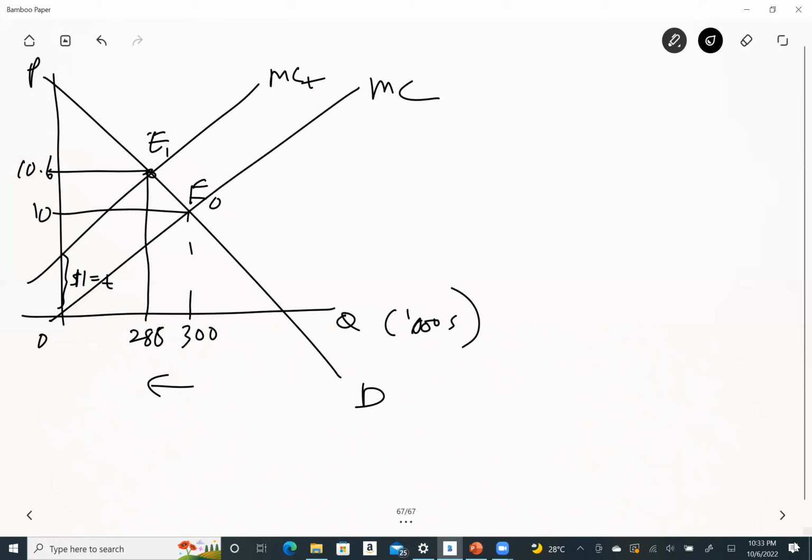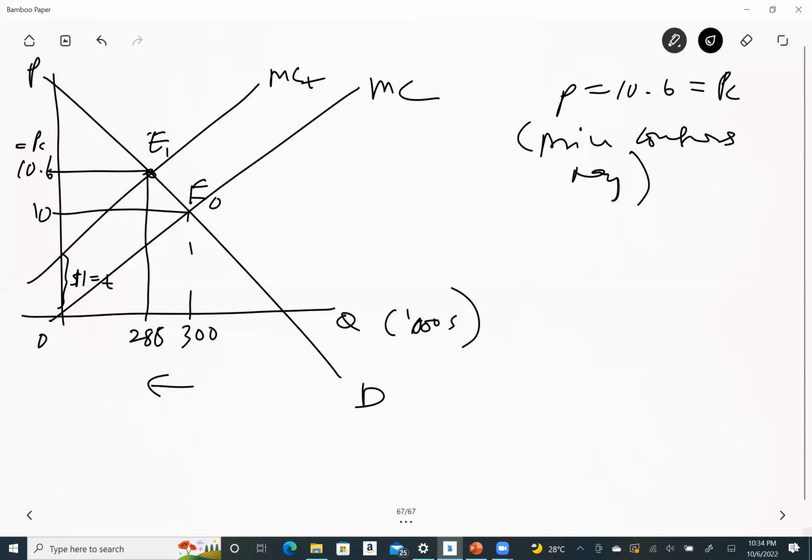So that price is the price what? The price consumers pay. So equate that to PC. So 10.6 is the price consumers pay. So you write there, P is equal to 10.6, that is PC.